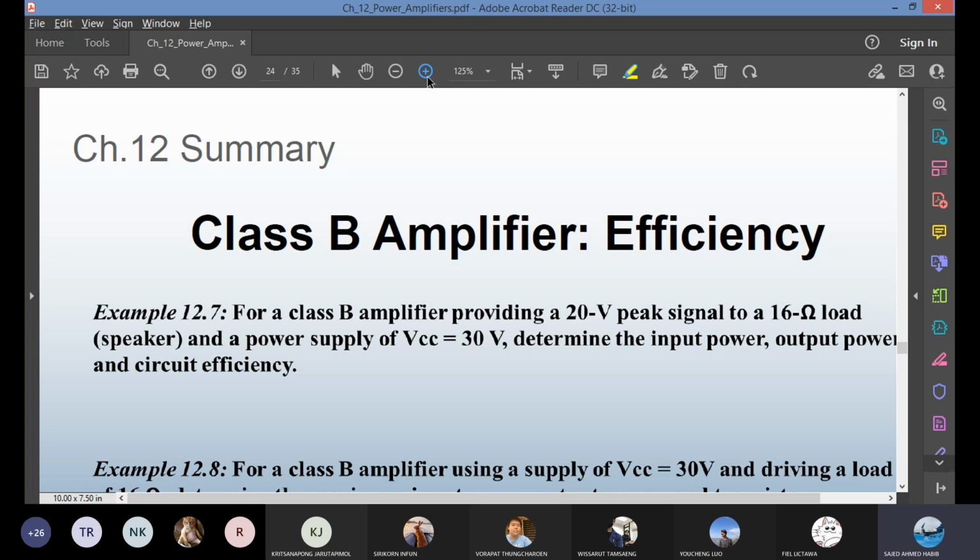Is Balang here? Mr. Balang? Yes, sir. Okay, Balang will find the input power. How about Mr. Thirawut, present? Yes. Thirawut will calculate output power, and Napatra, Mr. Napatra present? Yes. Circuit efficiency.